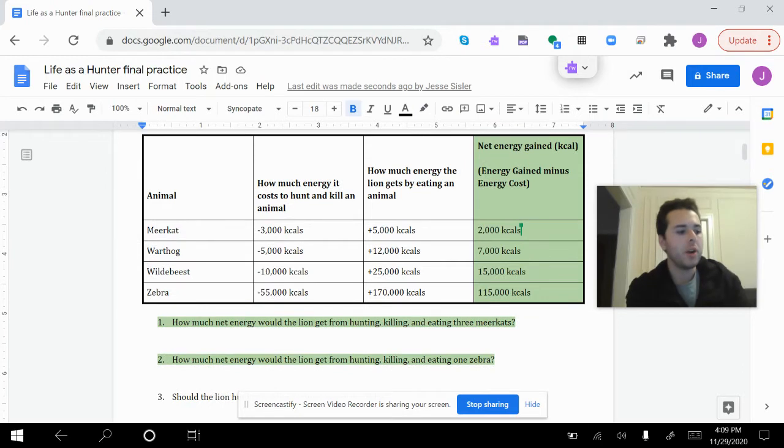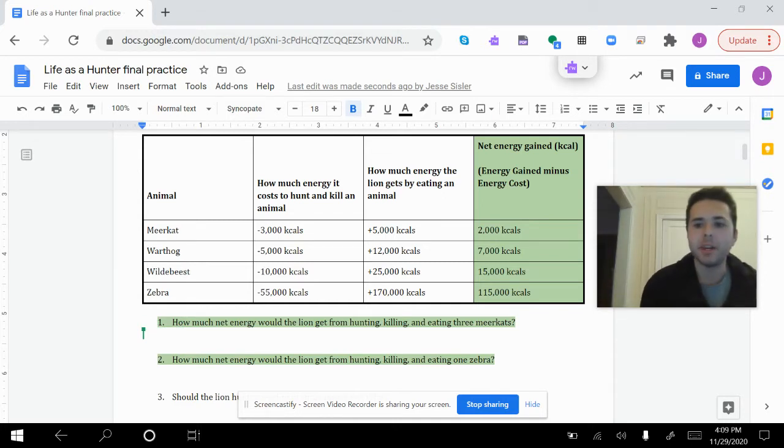So question number one asks us, how much net energy would the lion get from hunting, killing, and eating 3 meerkats? And I want you to take a minute to solve that problem. Okay, so for number one, how much net energy does the lion get from hunting, killing, and eating 3 meerkats?